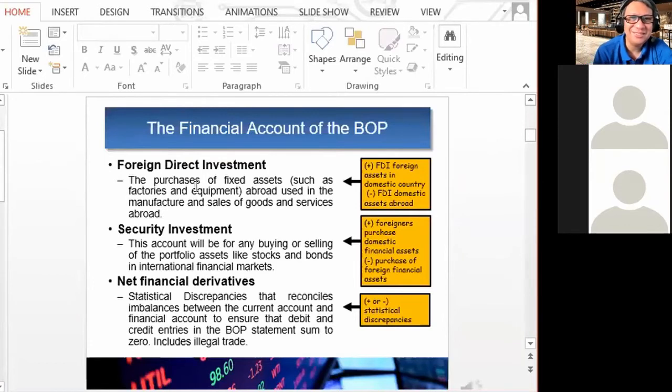Financial account. Na-discuss na natin to, di ba? O hindi pa? Tapos na tayo dito. Ayan, oh. Foreign direct investment. Financial account. Kayo talaga, hindi pa kasi nag-almusal.